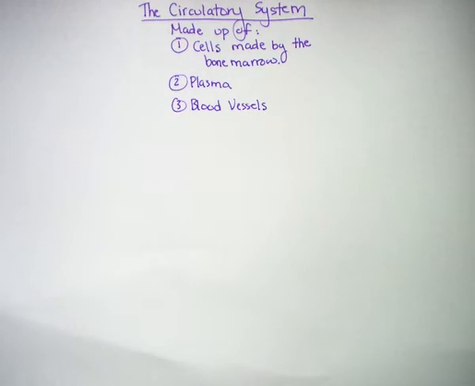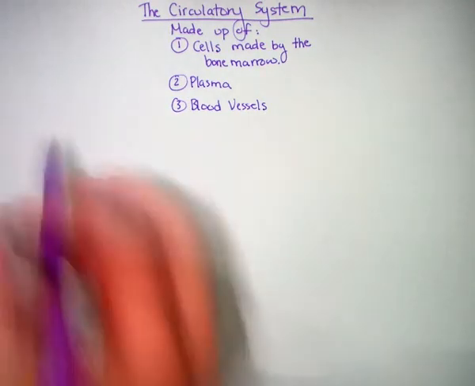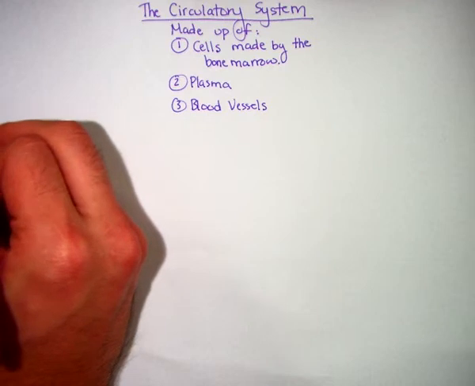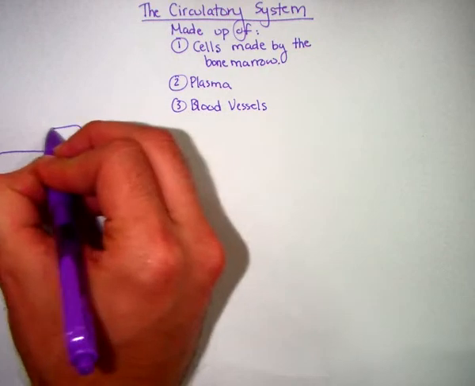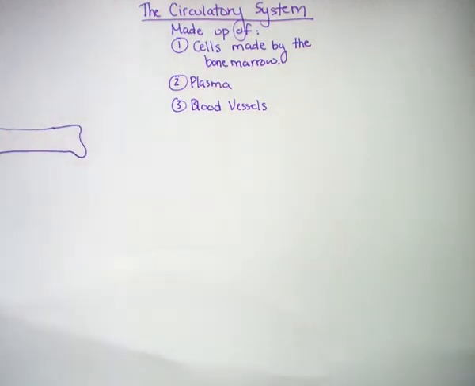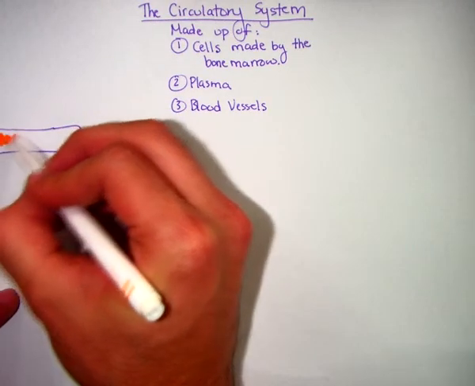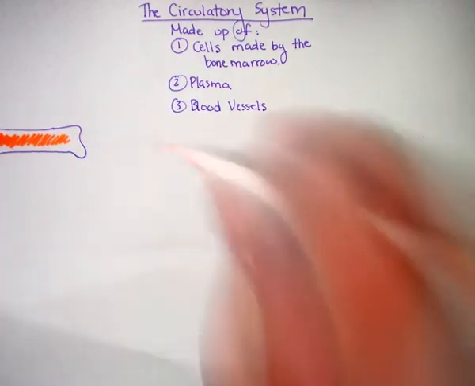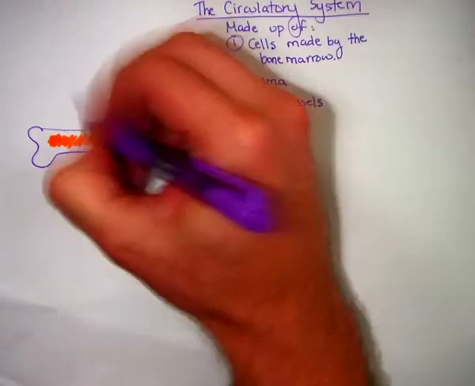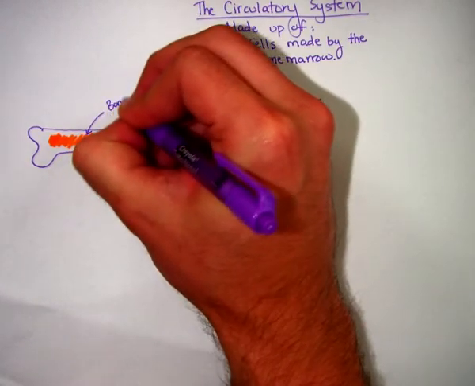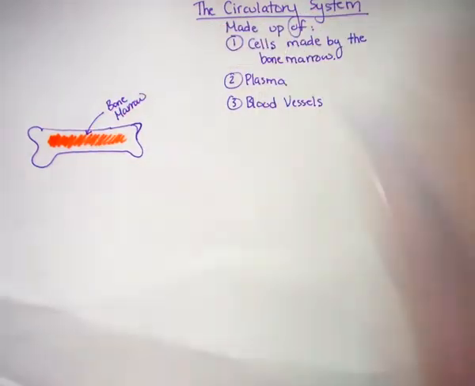Okay, so first thing, bone marrow. Inside of every single one of our bones, we have a substance called bone marrow. It's this spongy substance inside of all of our bones.